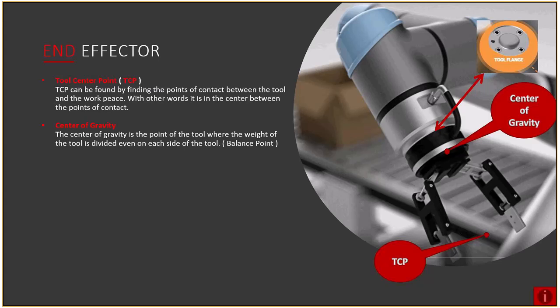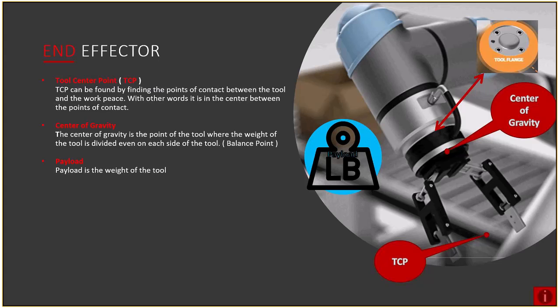Aside from the TCP, an end effector also has a center of gravity. The center of gravity is the point of the tool where the weight of the tool is divided evenly on each side of the tool. So it's the balance point of your tool. That's important because you want the right weight to be distributed in the right places when you're picking up a product.